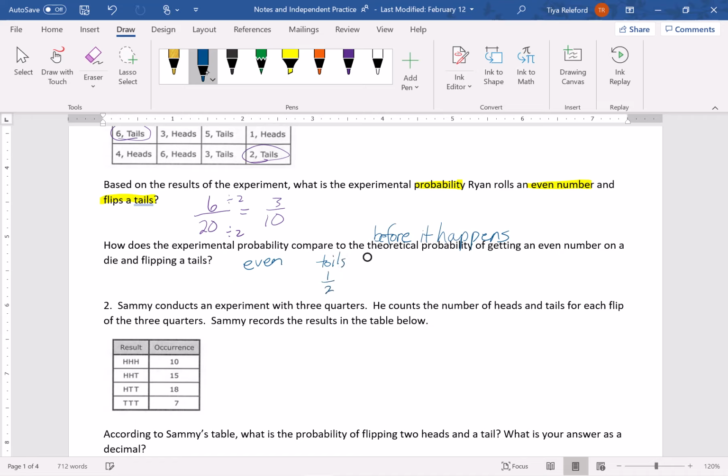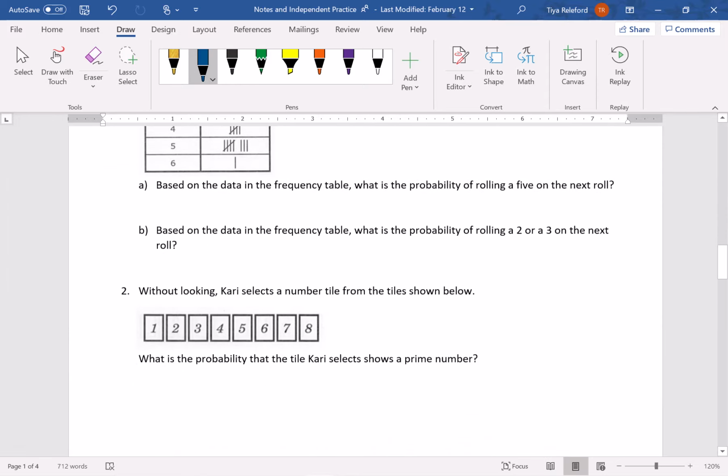So tails is 1/2 and an even number is 3 out of 6, right? So if I multiply, I get 3 out of 12, which is the same as 1/4. So 3/10 and 1/4 are a little bit different. 1/4 is equal to 0.25 and 3/10 is 0.3. So you can see they're really close, but they're a little bit different.